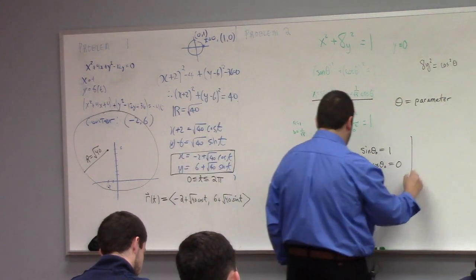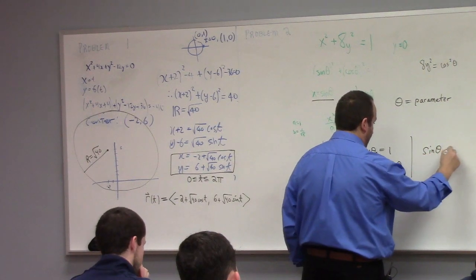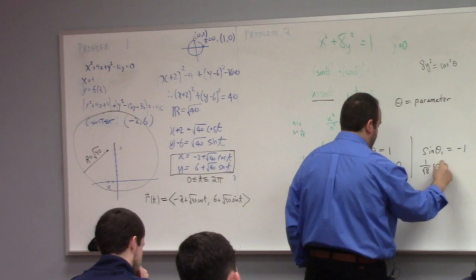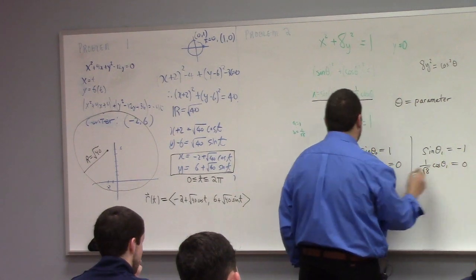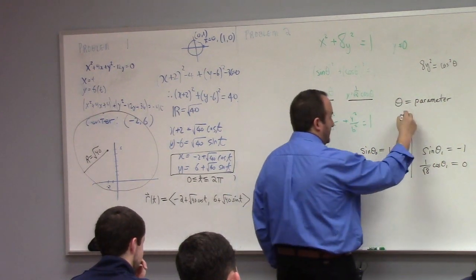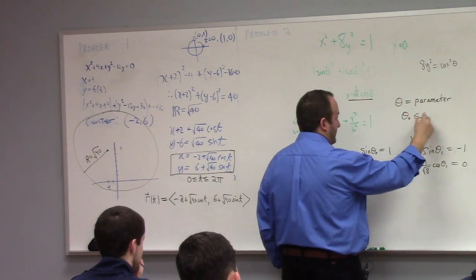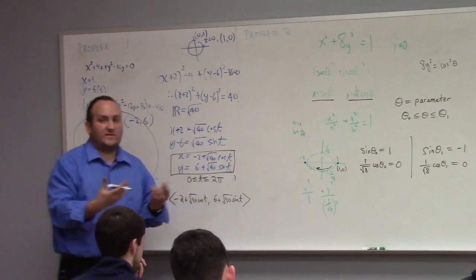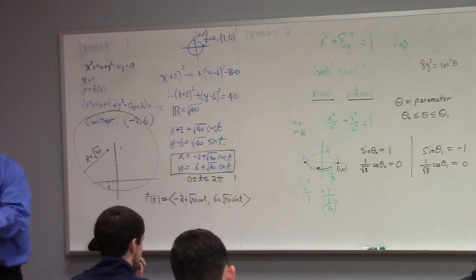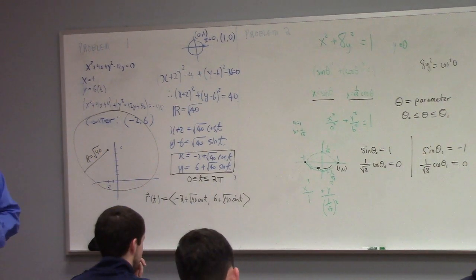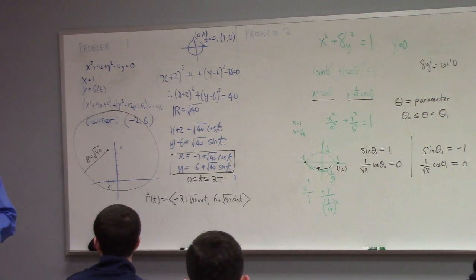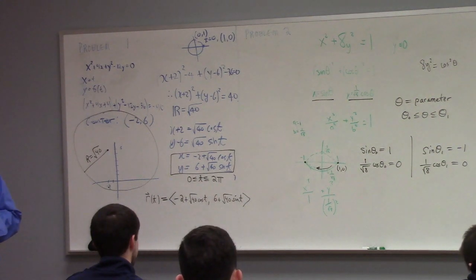On the other hand, I need sine theta 1 equal to minus 1. I need 1 over the square root of 8 cosine theta 1 to be equal to 0. If I'm going to use the parameter domain theta 0 less than or equal to theta less than or equal to theta 1, the question is, how do you figure out the starting and ending angles for problem 2? You see what we have to do? We have to figure out a theta 0 and a theta 1 which solve those equations I just wrote in black. Can you tell me what theta 0 should be?